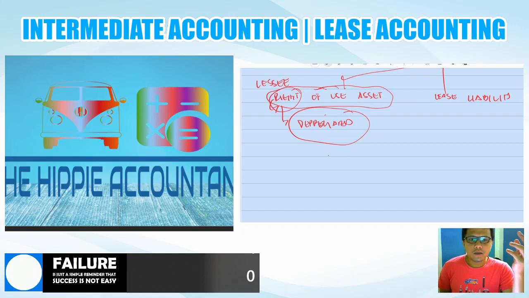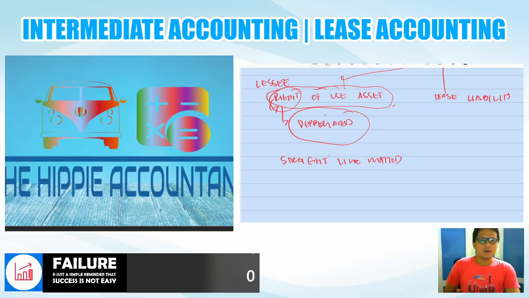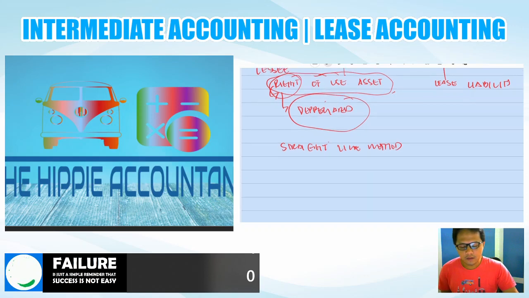In general, if we are to depreciate this right of use asset, we will use the straight line method. Remember that, ha? We'll use the straight line method.